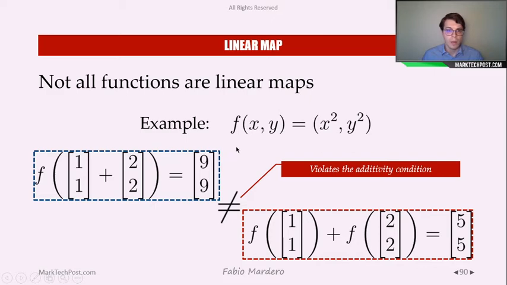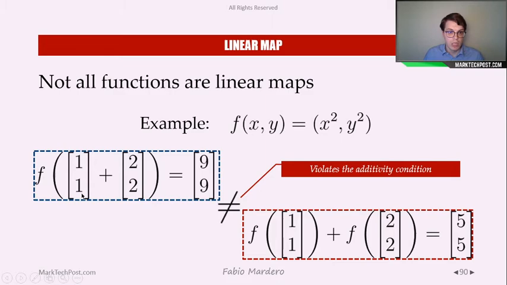We can try if the condition of additivity is verified. So let's select two random vectors. Here I took 1, 1 and 2, 2. If the additivity condition holds, f of the sum of two vectors should be equal to f of the first vector plus f of the second one.